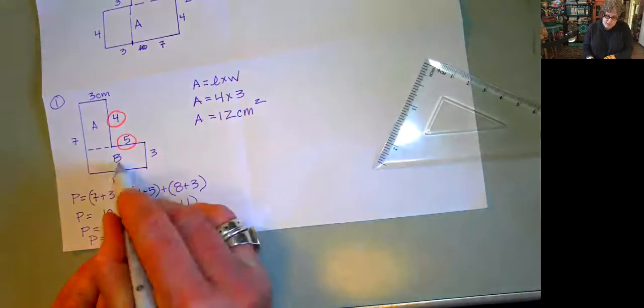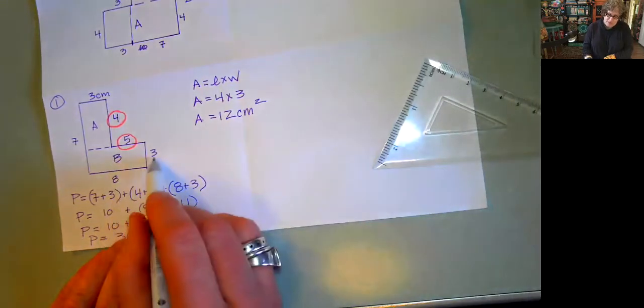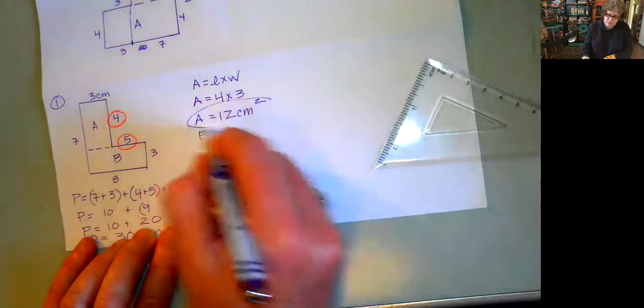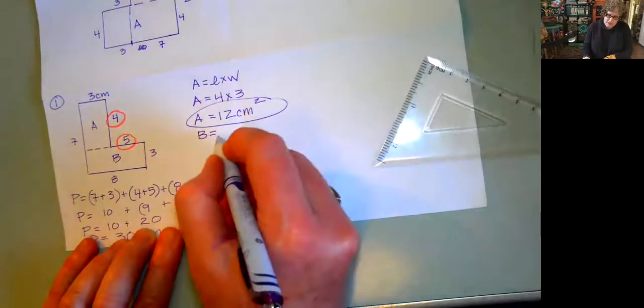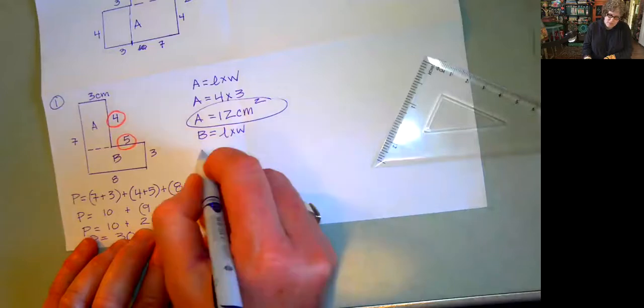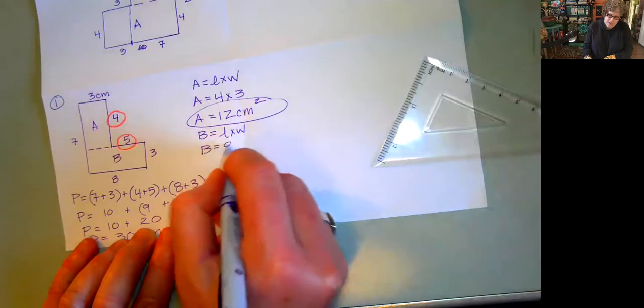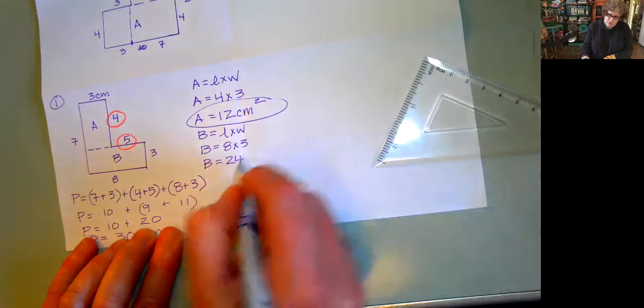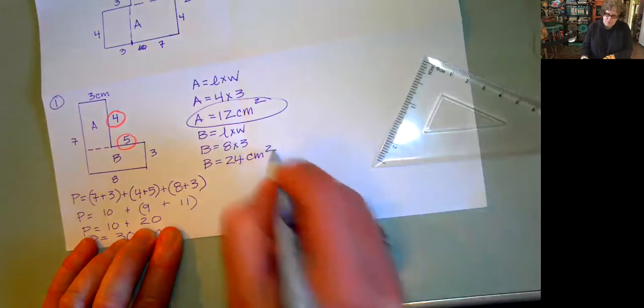Now for B, the length is 8 and the width is 3. That's the one we need to know. Length times width. B equals 8 times 3. B equals 24 centimeters squared.